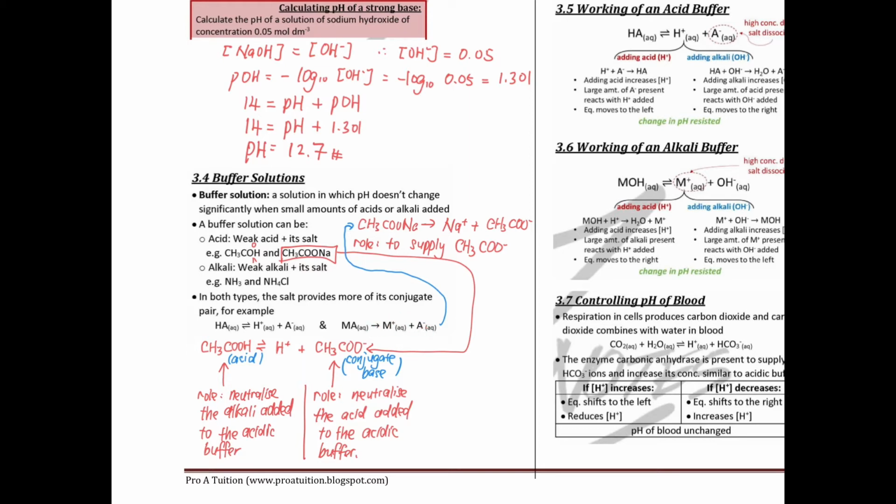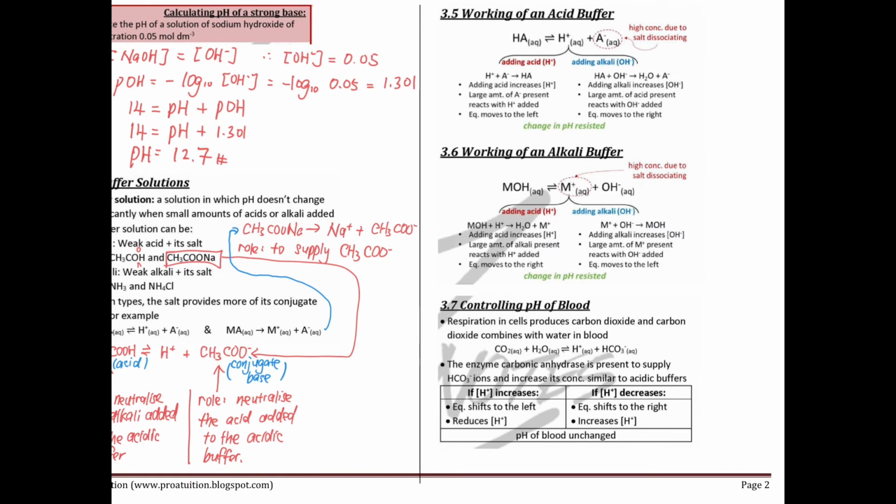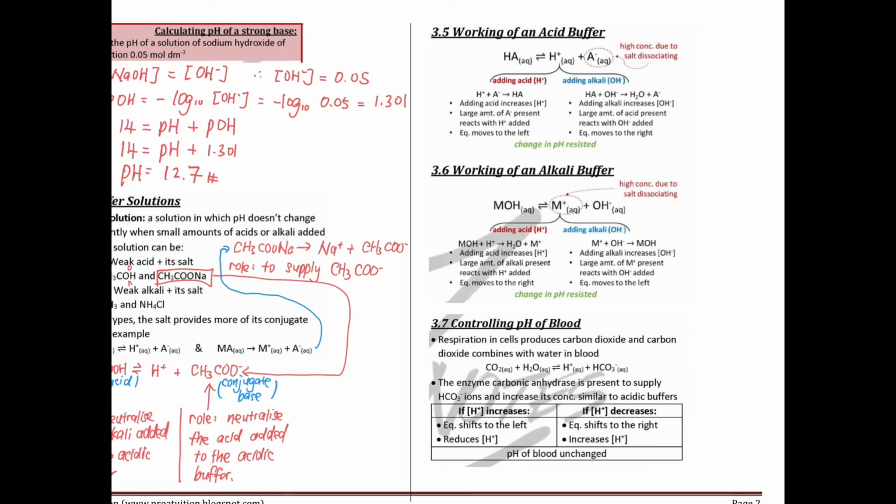Now let's see how they neutralize the acid added and how they neutralize the alkaline added. So we look at the next page first, the right hand side, 3.5, working of an acidic buffer.